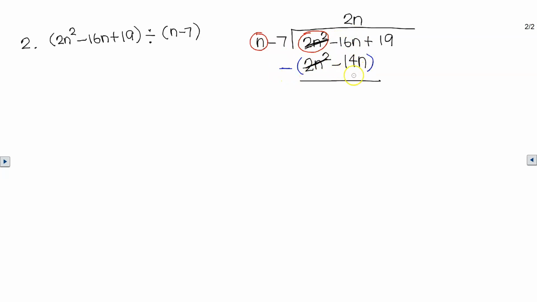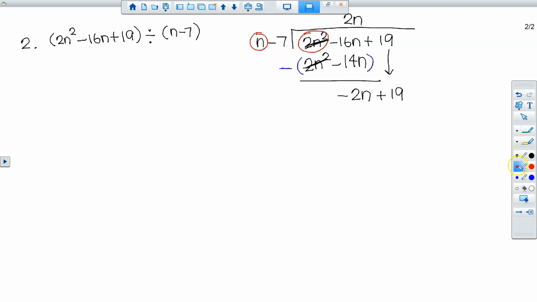So it's minus a negative, which we know will change to plus. So we have a negative 16n plus 14n. That is a negative 2n. Now we bring down our very next term of plus 19. And then we're ready to go again.